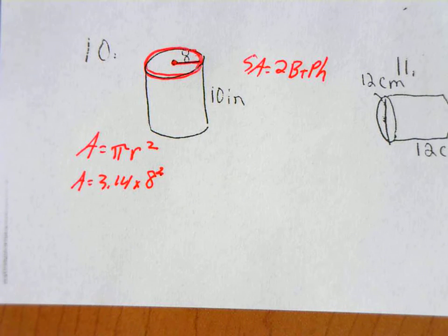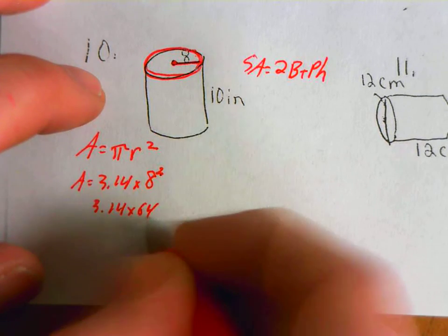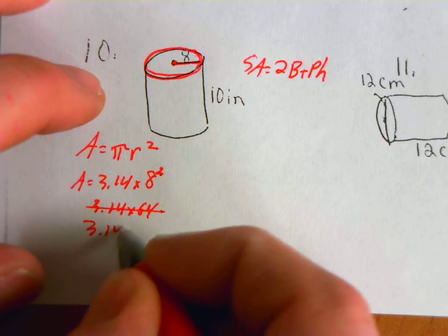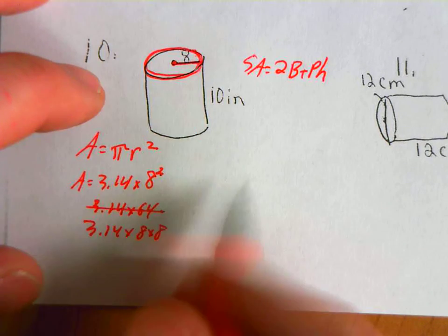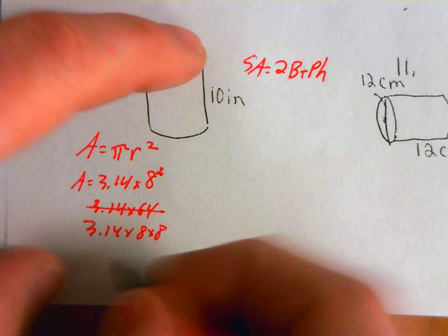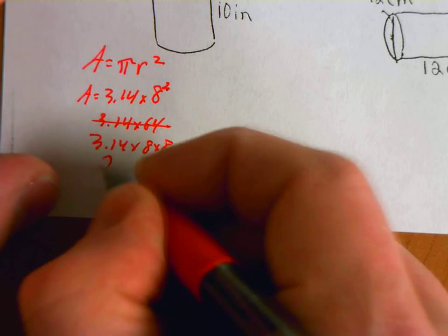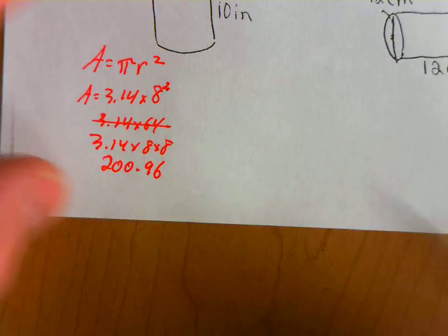Remember, that's not 16. So be very careful whether you want to type it in as 3.14 times 64, or 3.14 times 8 times 8, or times 8 squared. Either way, you're going to get the same number. And you know what? It involves pi, so you're going to have to leave a decimal.